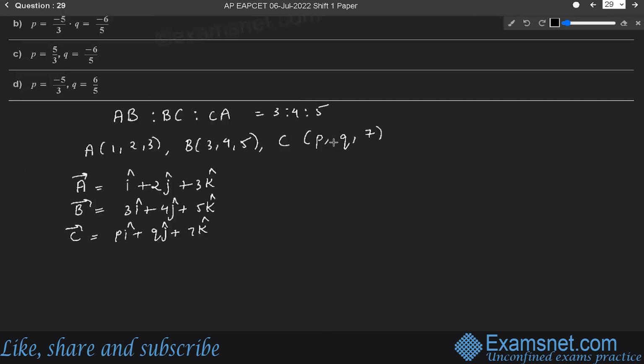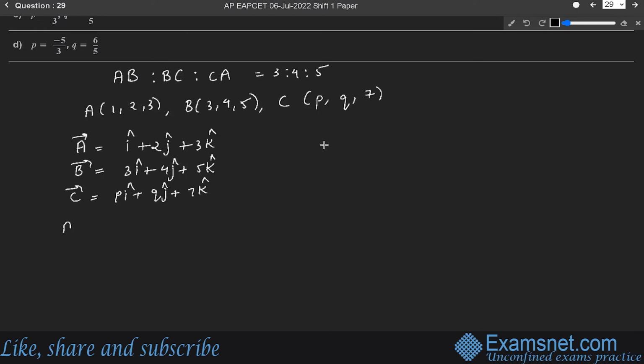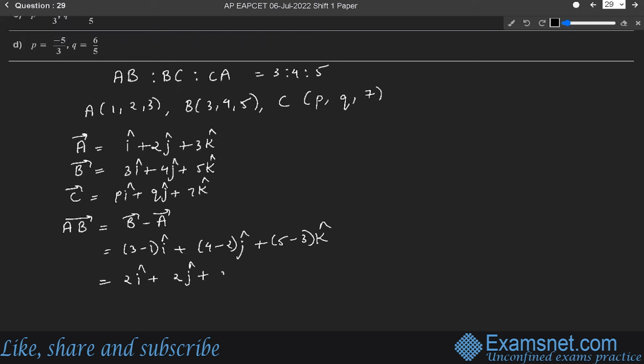Now AB vector will be equal to B vector minus A vector. So it will be 3 minus 1 i cap plus 4 minus 2 j cap plus 5 minus 3 k cap. So it becomes 2i cap plus 2j cap plus 2k cap.